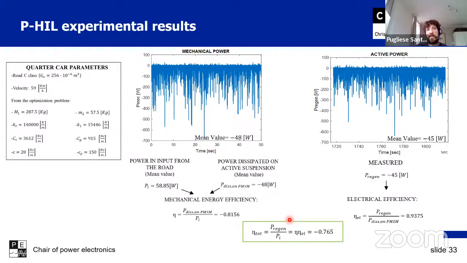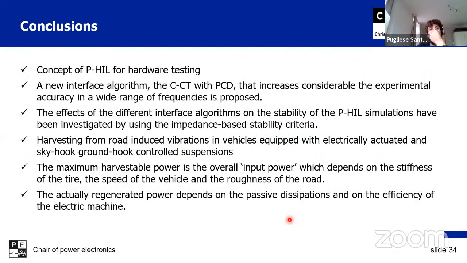As you see, this regenerated power is calculated as a mean value. So it means that we are also perturbing the system from the point of view of the DC link side. So this can be used as a possible feature in order to estimate the impedance, the state of charge of the battery, so to do some ICE test.